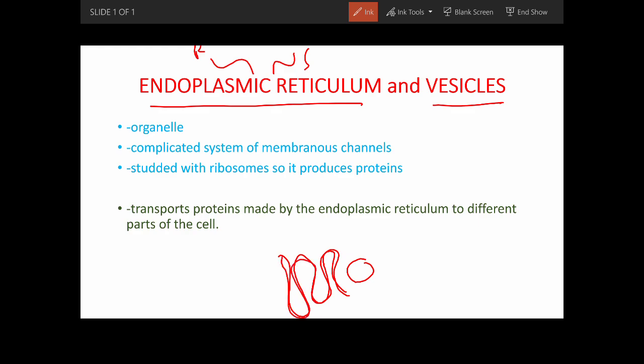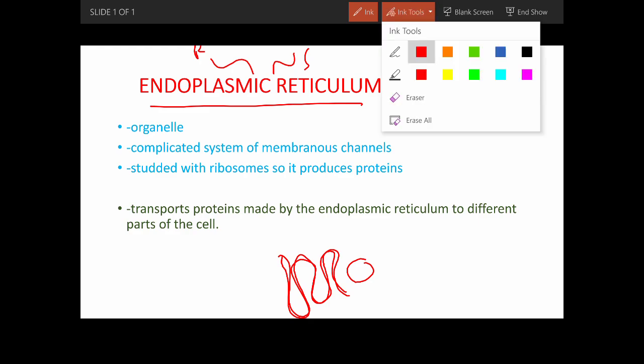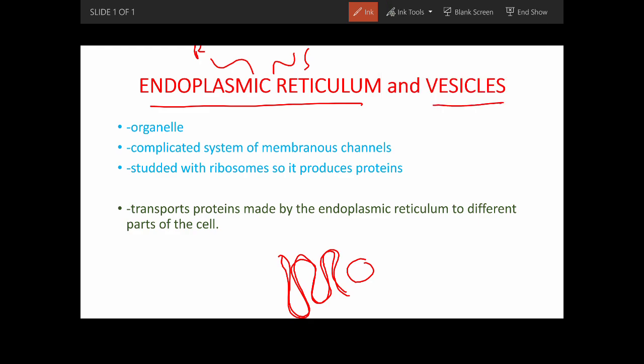So when memorizing what an endoplasmic reticulum is and how it functions, you can say it's an organelle. We all know that it's an organelle. It's a complicated system of membranous channels. While drawing this maze, I just think of a complicated system.